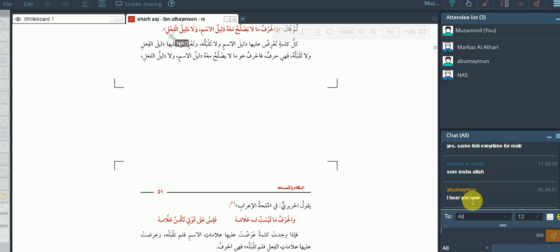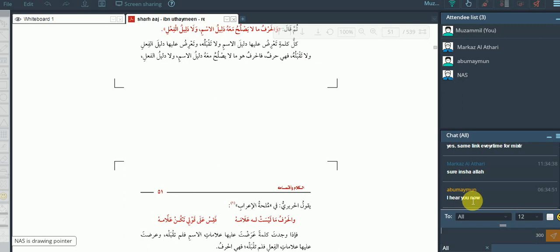The harf is that which does not take any of the signs of the ism or any of the signs of the fi'l. Anything that does not have the signs of the ism or the fi'l, then that is the harf.